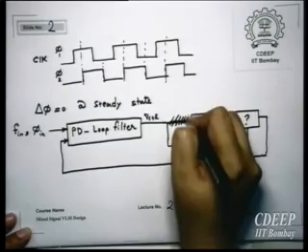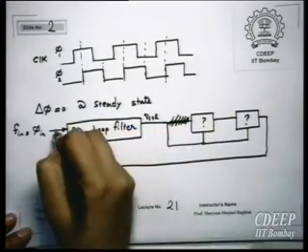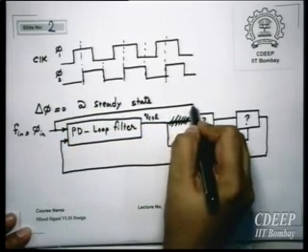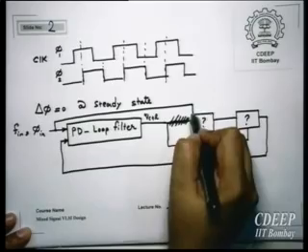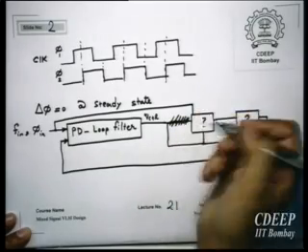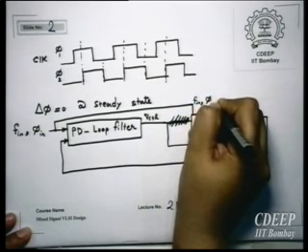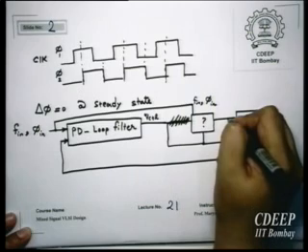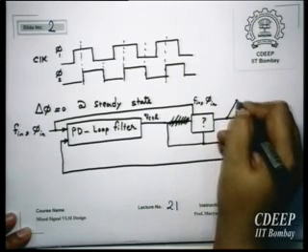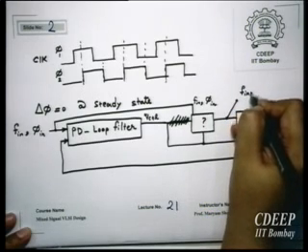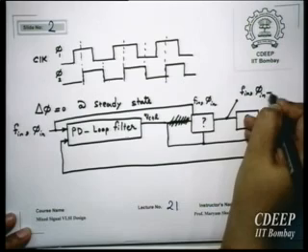Therefore, I apply the same signal here as input. So this is the same, F in, F in. Here this component will give me the same frequency F in, but now F in plus some delta phi.